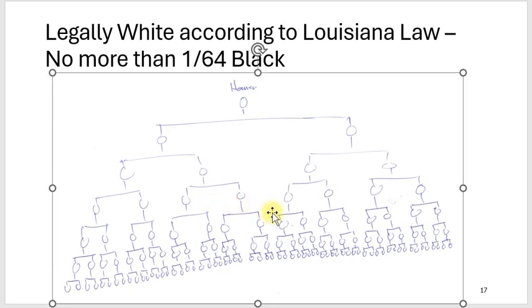So looking at this, in order for Homer Adolph Plessy or anybody else to be considered white, their father, grandfather, great-grandfather, great-great-grandfather, great-great-great-grandfather, four great-grandfathers back, this generation, only one of them could be African American in order for Homer Adolph Plessy to be 1/64th black. If he was at most 1/64th black, then according to the eyes of the law in Louisiana, he would have been considered white.